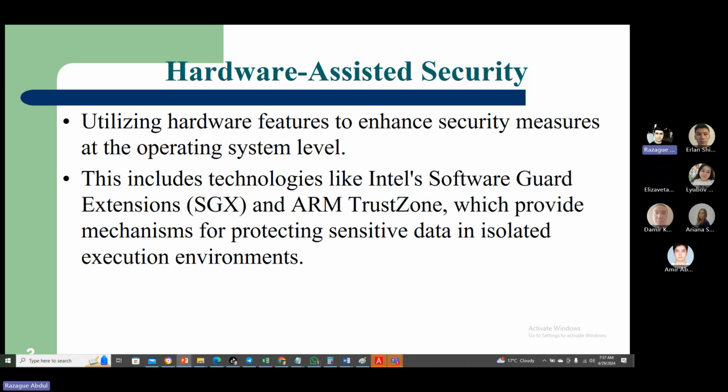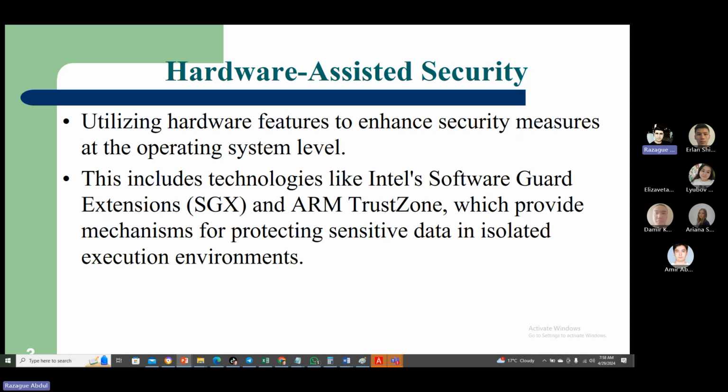They allow applications to create protected enclaves, which are secure areas of execution memory. The code and data loaded inside these enclaves are protected and cannot be accessed or modified by any other process, like processes running at higher privilege levels.